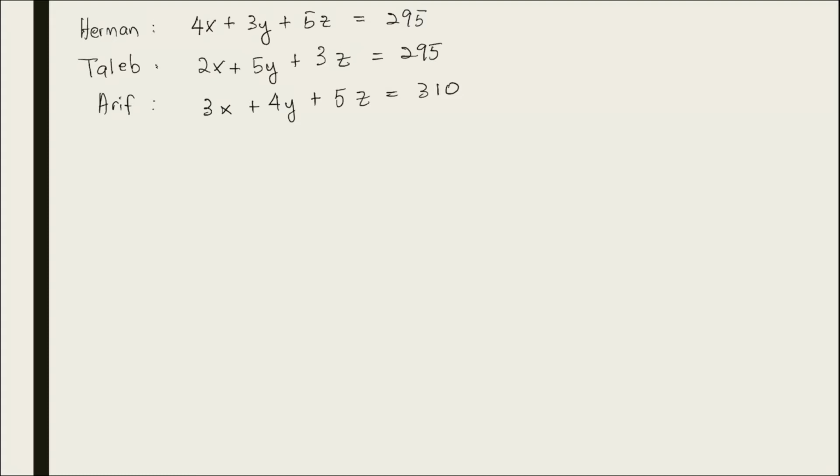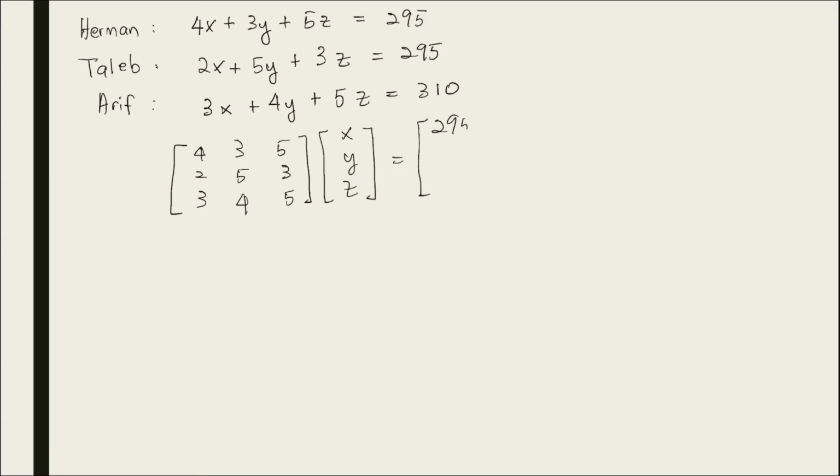In Gauss-Jordan elimination method, the first step is to write them in matrix equation. So in matrix equation, this is 4, 2, 3, 3, 5, 4, 5, 3, 5 times x, y, z equals 295, 295, 310. To solve this, write the augmented matrix first.